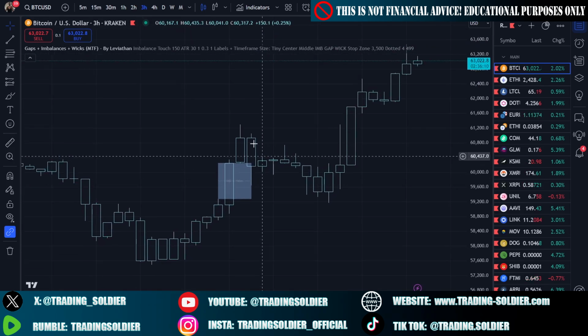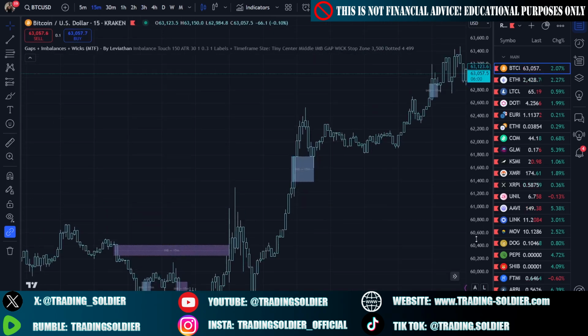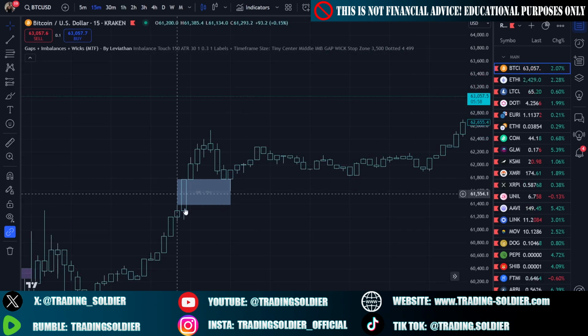every signal that this indicator is taking into account from the chart, depends on the time frame that we are using. If, for example, we switch to the 15 minutes, you can see that the imbalances that the indicator finds are regarding the time frame that we have in the TradingView chart.